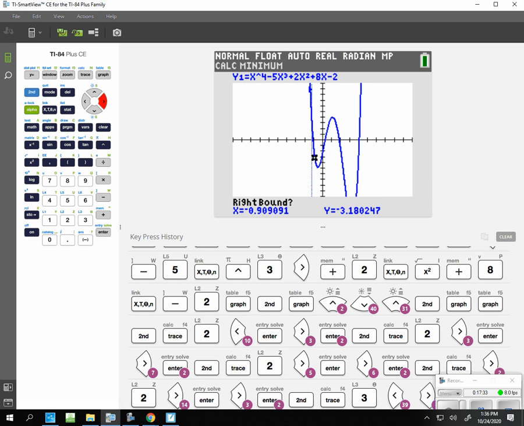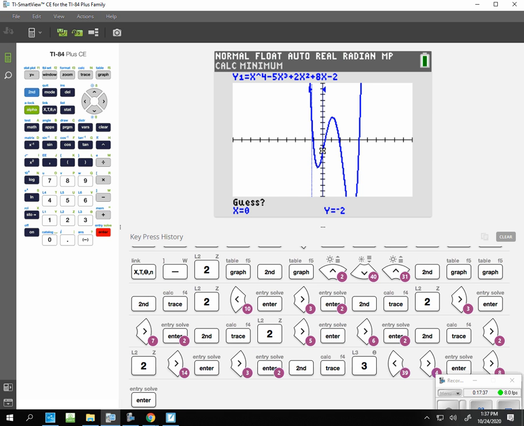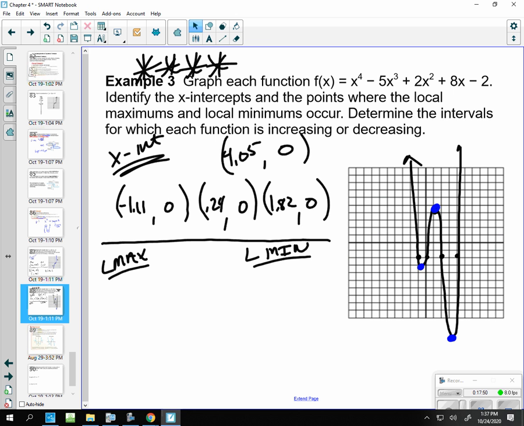I'm going to arrow to the right and hit enter, and then enter one more time. So there's going to be the minimum point, and again, 2 decimal places, so negative 0.57, negative 4.88. So go back and write that down. This is a min, negative 0.57 and negative 4.88. I hope that I wrote that one down right.